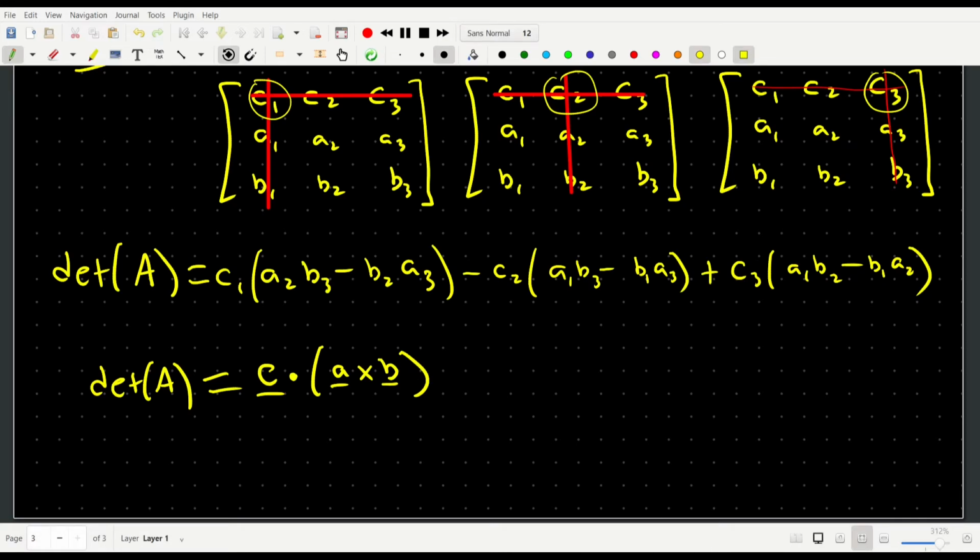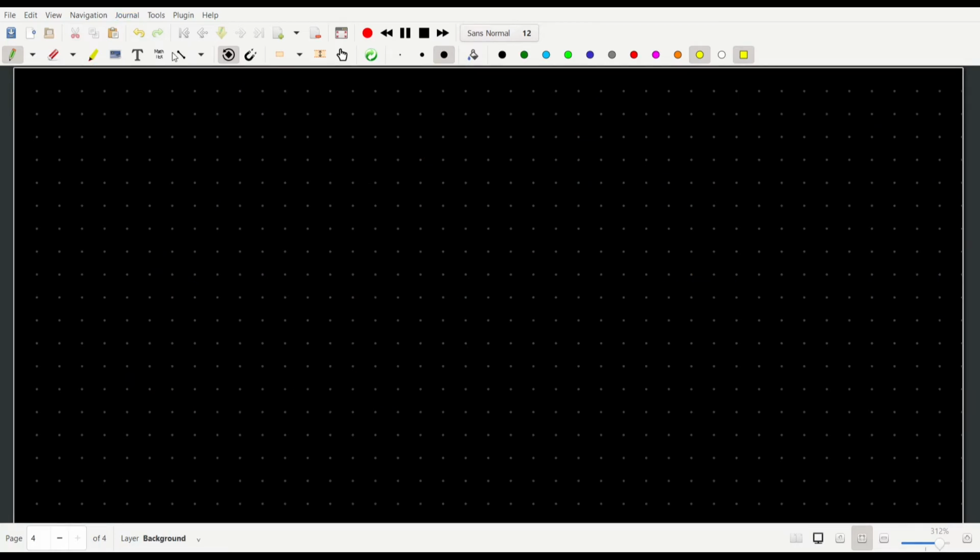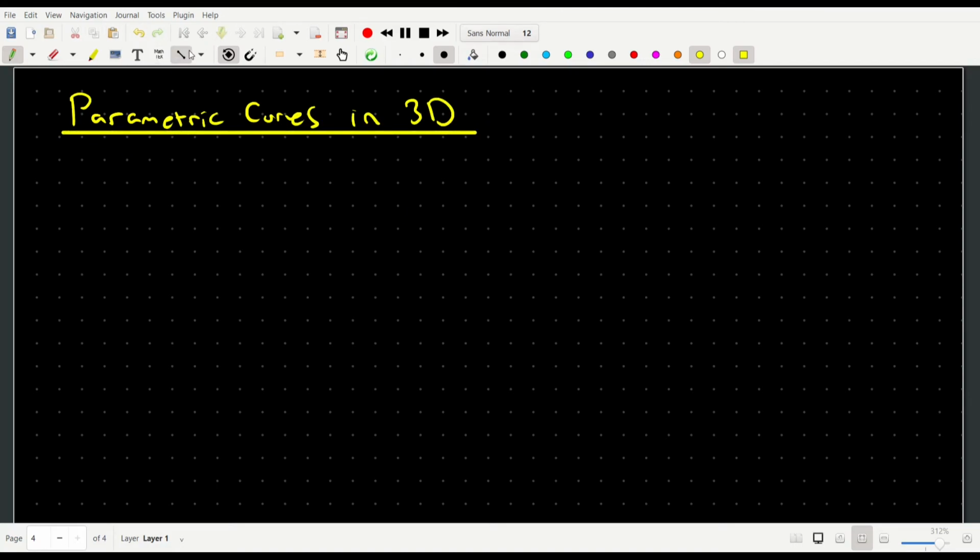So the last thing that I want to do today is give an introduction to what are called parametric curves in 3D. And believe it or not, this is going to be very similar to parametric curves in 2D. And this topic is going to be the topic that we're going to end the course in with probably 2 more lecture videos.